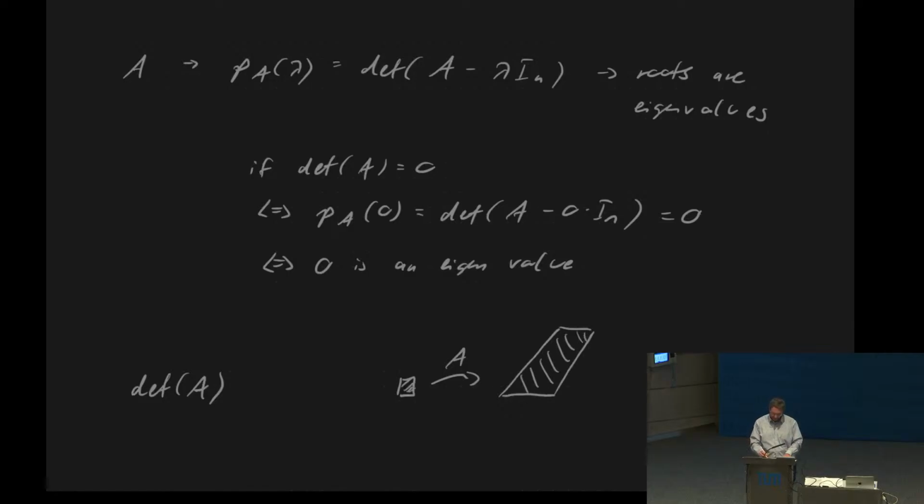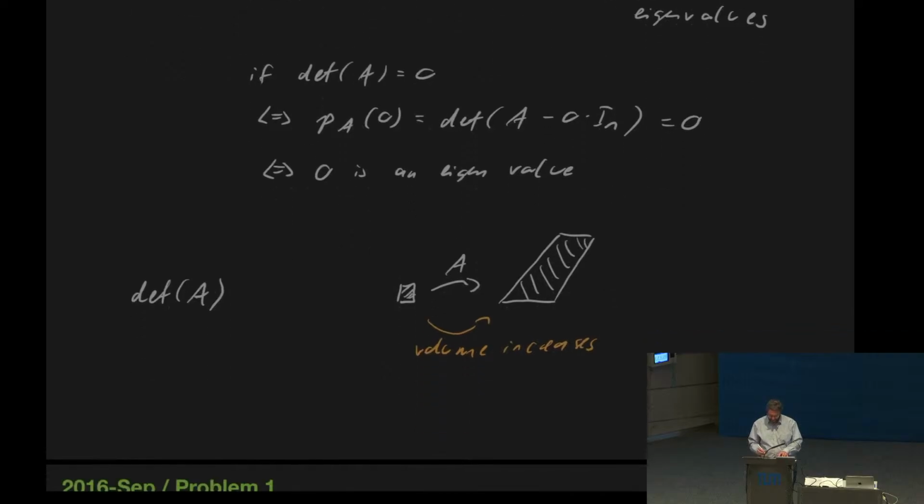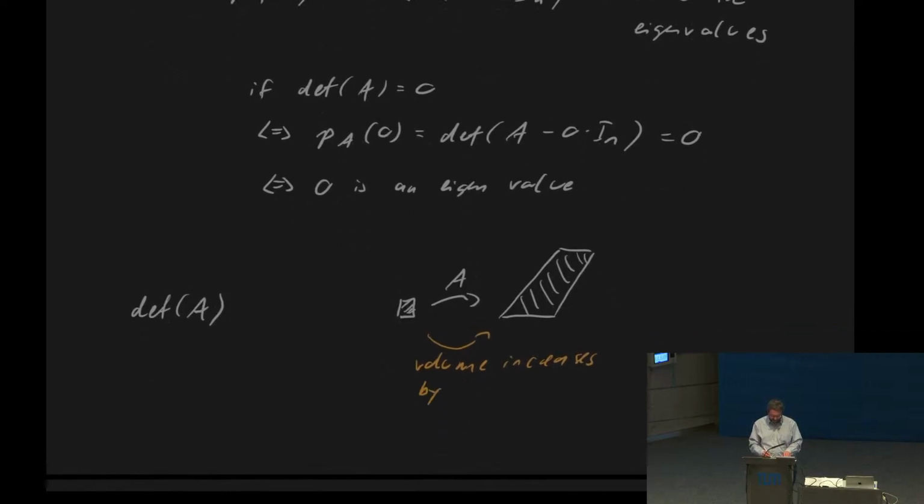That could be a possible result of that mapping. And you'll see, of course, the volume increases. Basically, the determinant measures the factor of that increase or decrease by a factor of the determinant of A. And to be precise, you'd have to ignore the sign of the determinant for that. So that's what the determinant measures.